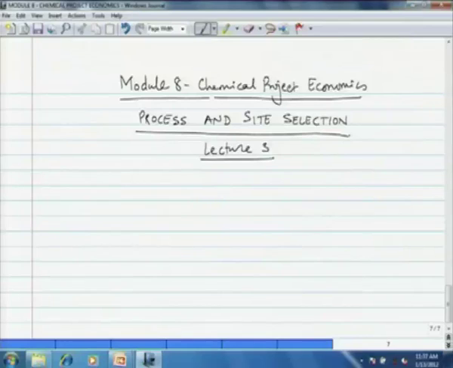Welcome. In the previous lecture, we saw how a process technology is selected for production of a particular chemical. What factors or considerations do we need to give for selection of these various process licensors? Those criteria were grouped in two parts: one is profitability factors and the second was viability factors or viability parameters.